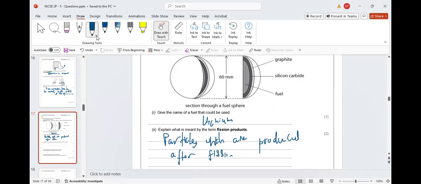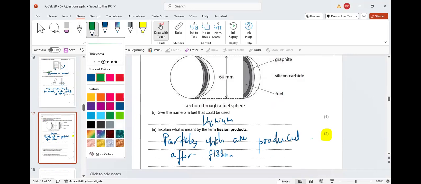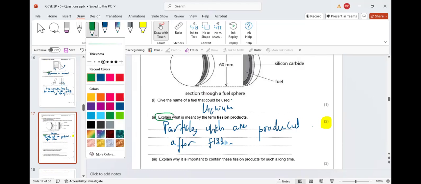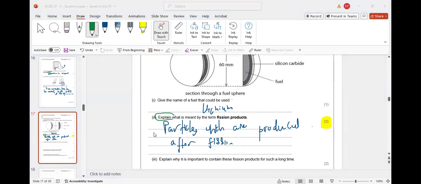Right. Now you need to look at the number of marks given for this answer. They have given you 2 marks, which means 1 point is not enough. And also they have said explain. So if it is an explaining question, you need to reason it out and write more. So what should you write additionally?